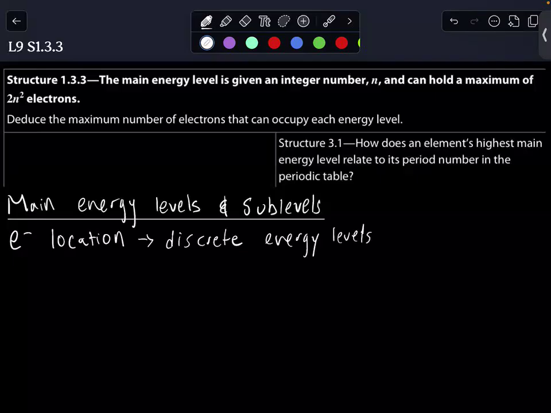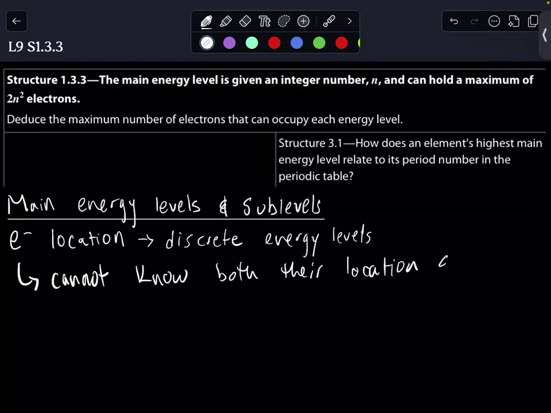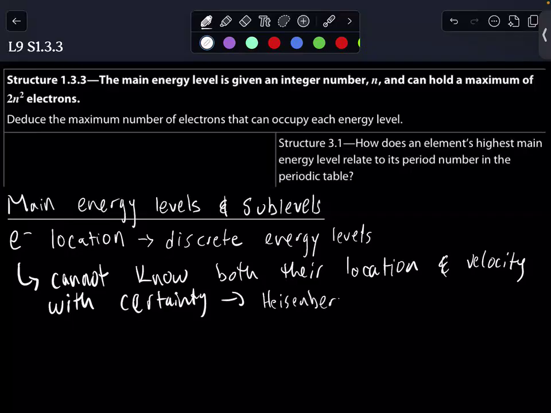But the problem is they're so small and have such little mass that we actually cannot know both their location and velocity with certainty. That was discovered by Heisenberg. You might have heard of the Heisenberg uncertainty principle.